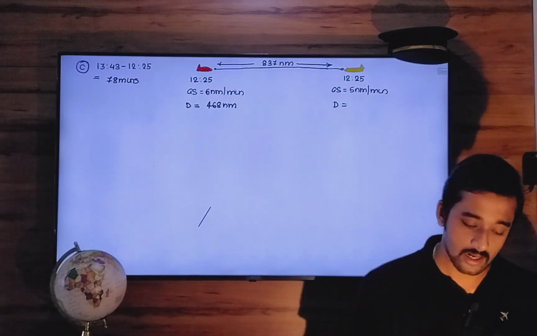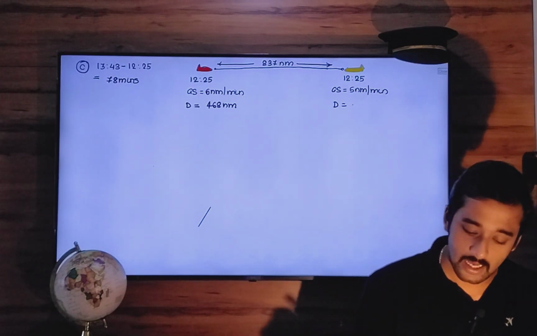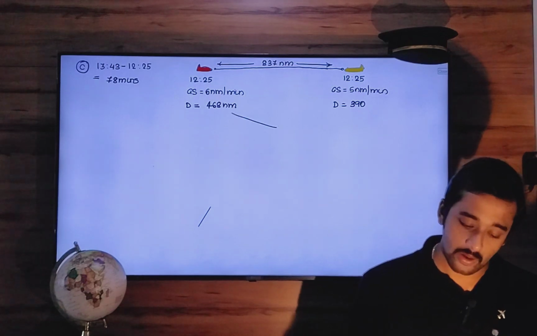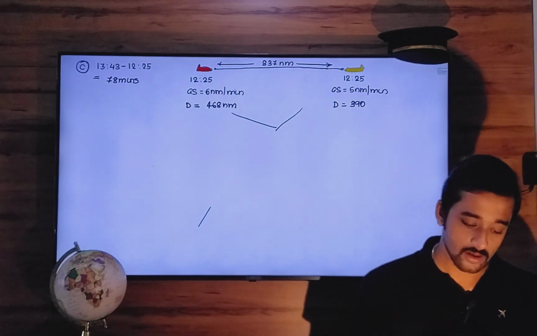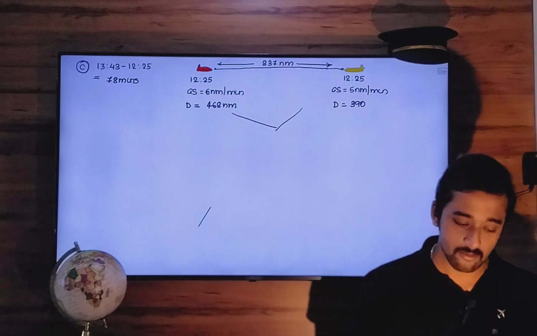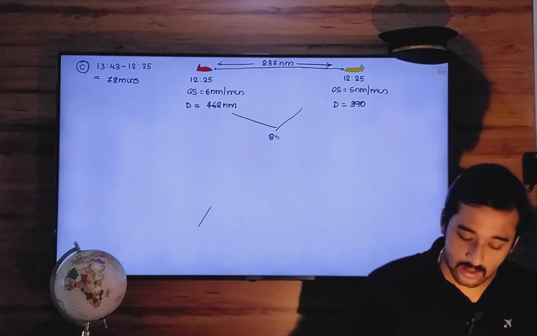The second aircraft will travel 5 into 78, 390 nautical miles. The total of these two distances is 468 plus 390, 858 nautical miles.